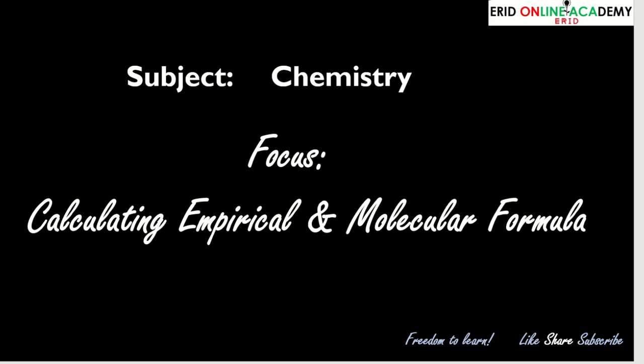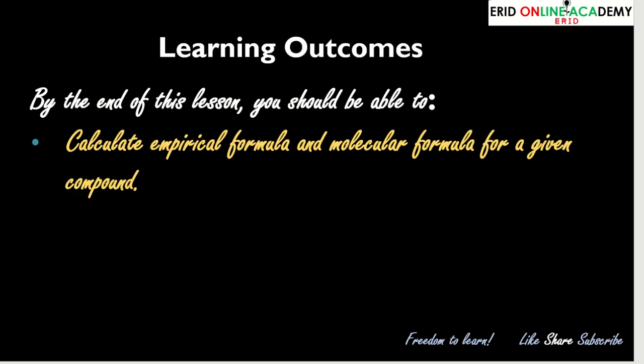But in this particular lesson, our focus will be on calculating empirical formula, given certain information about the specific compound, and of course calculating the molecular formula when you have additional information given, having determined the empirical formula.